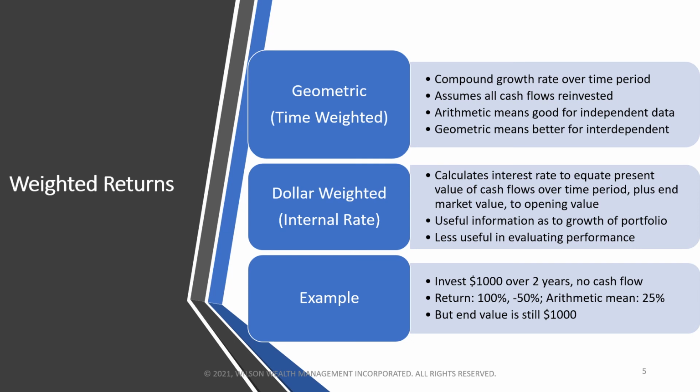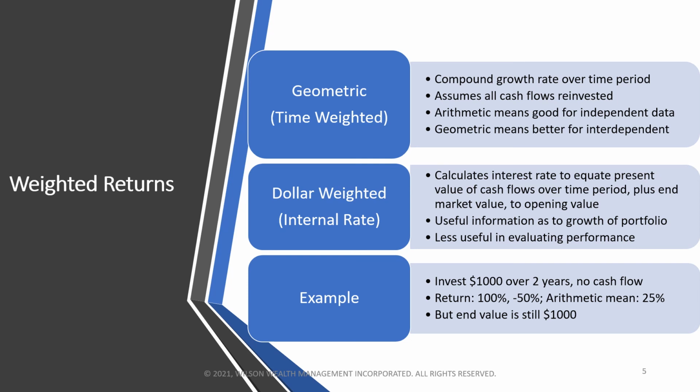And what we want to do is we want to assess portfolio manager performance. And it's hard to do that fairly if external factors come in play. For example, changes in the funding. So if a client contributes to the fund or the asset or makes withdrawals over the time period, that's going to impact your dollar-weighted return.